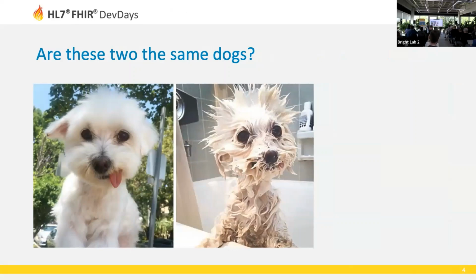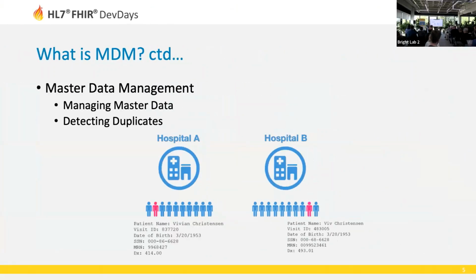So these two guys are the same, so we want to basically find duplicates in our systems. The primary goal of MDM is to ensure data consistency, accuracy, and integrity by establishing a single source of truth of master data. In HAPI MDM, we call it golden resource. MDM helps in eliminating data redundancies and all the good stuff.